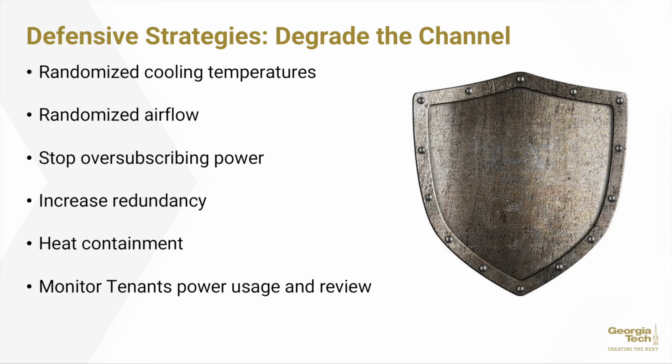It's also possible to increase redundancy by just buying more equipment. You could also do heat containment, such as blocking off the cold aisles, or creating a system that will suck the heat directly from the hot aisles and place it into the CRAHs or the CRACs.